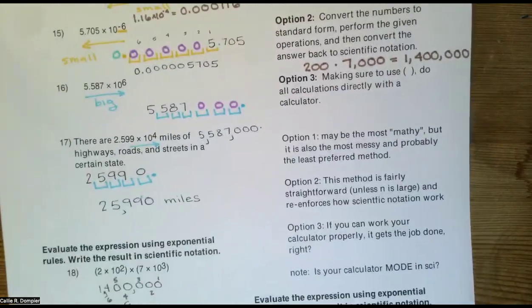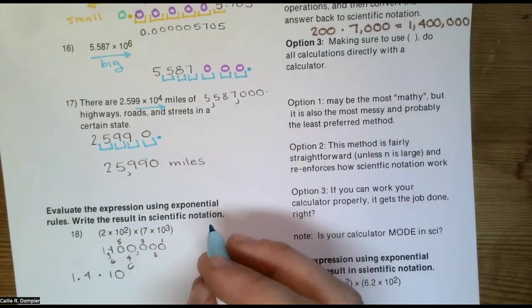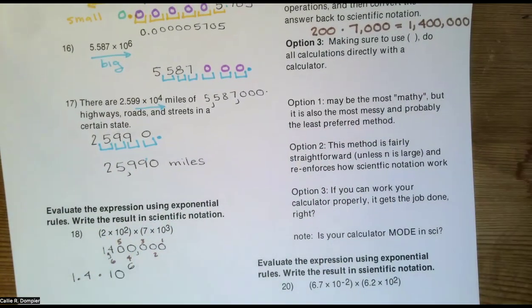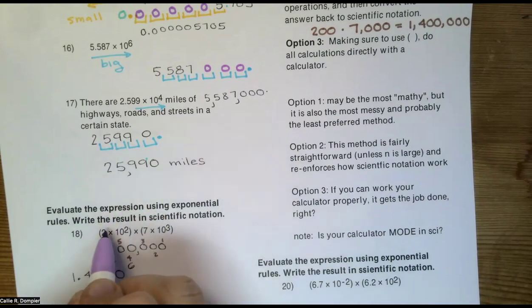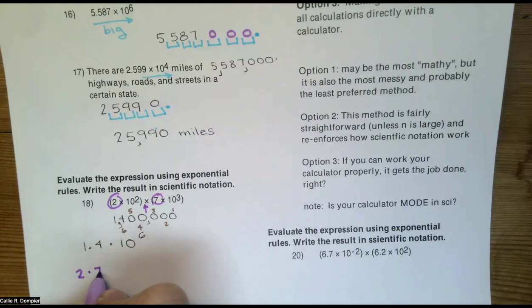So if we did that here, arithmetic rules on the decimal number parts. The decimal number parts were the 2 and the 7. So for the 2 and the 7, they are being multiplied. 2 times 7 is 14.